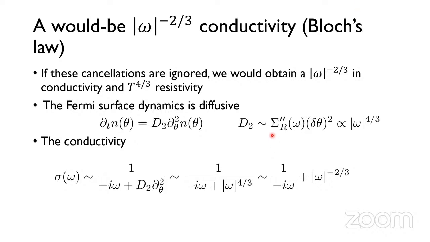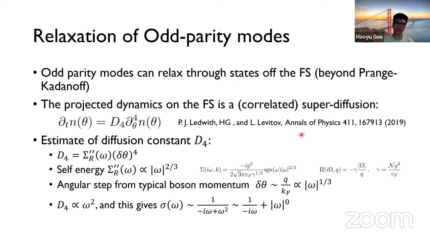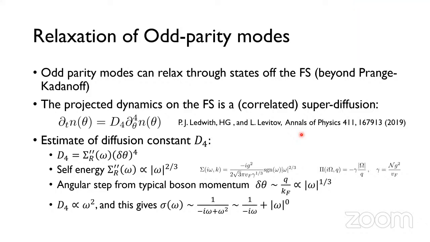Haoyu, quick question. You mentioned T to the 4/3 resistivity. What do you get for resistivity? Is it T squared? The resistivity at zero temperature, I think it is a delta function at any temperature because it's translationally invariant.